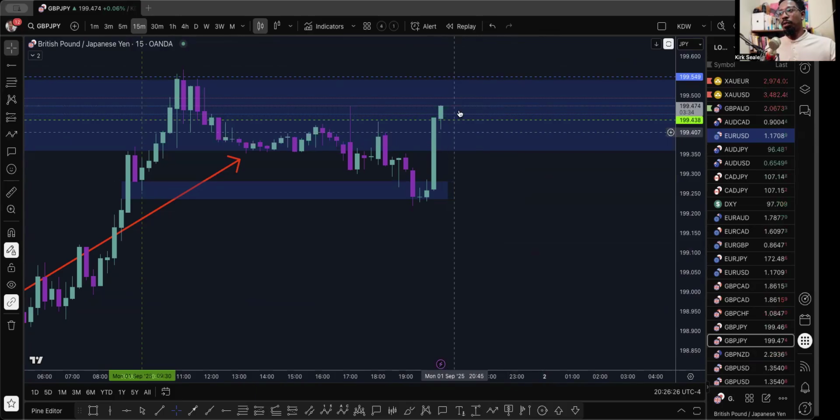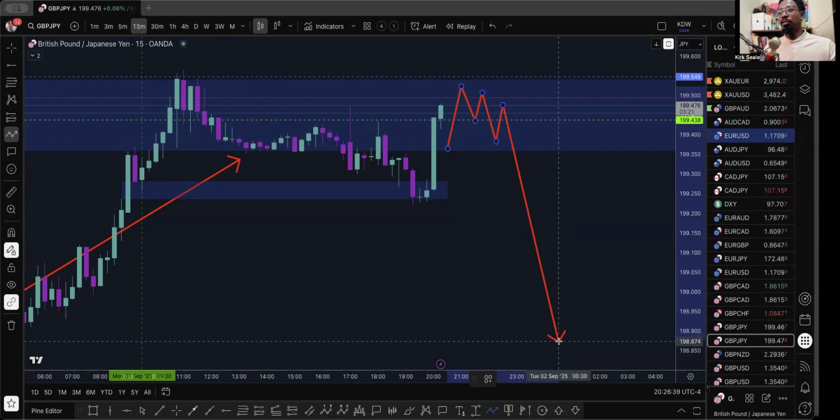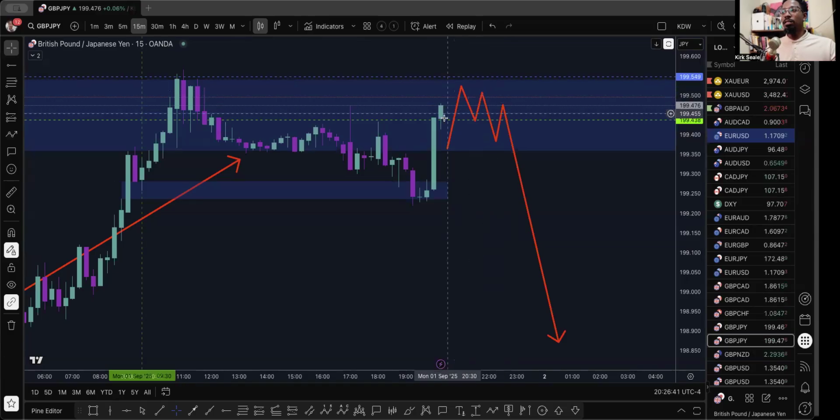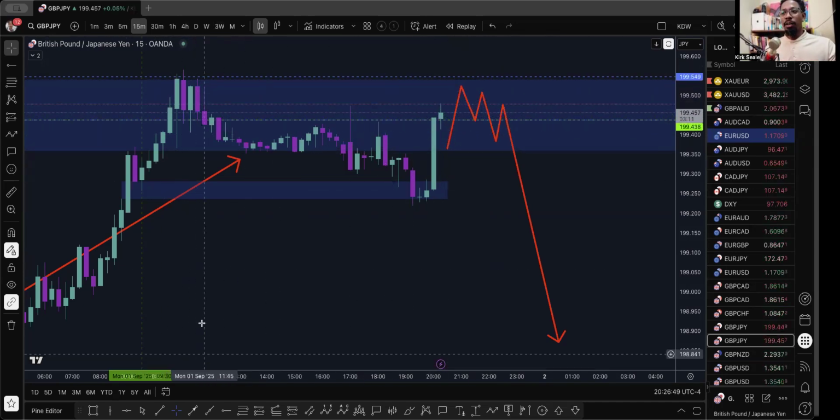And that would look like price coming up, doesn't give us a higher high, gives us a higher low, pulls back, and then we're able to sell. All right, so we want to see price breaking down. And that would occur on a lower time frame. That's what we'd be looking for, price to break down.